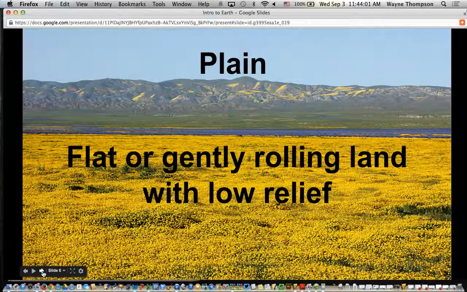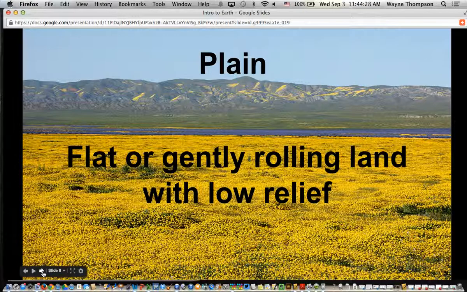I'm sure you've all seen a flat area of land. Now, the size of the plain has to be large. A flat piece of land like here at Loma Prieta Mountain at our school wouldn't be considered a plain. A plain is usually miles and miles across. So a flat spot wouldn't be considered a plain.